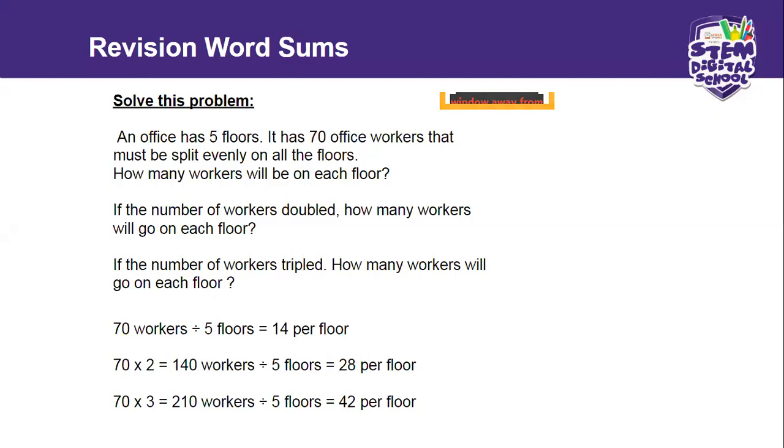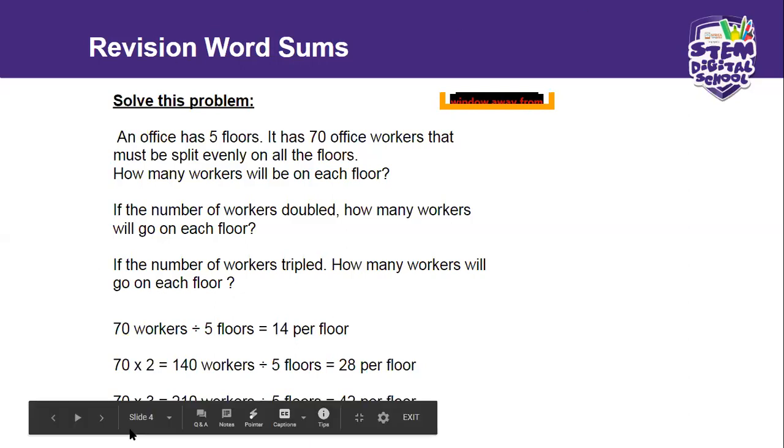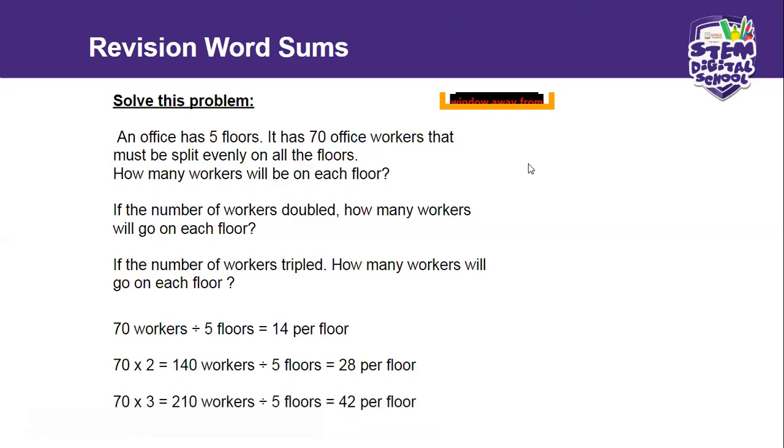Before you can divide the number of workers, you need to first double. Okay, we double the number of workers there. 70 multiplied by 2 gives us 140 workers.